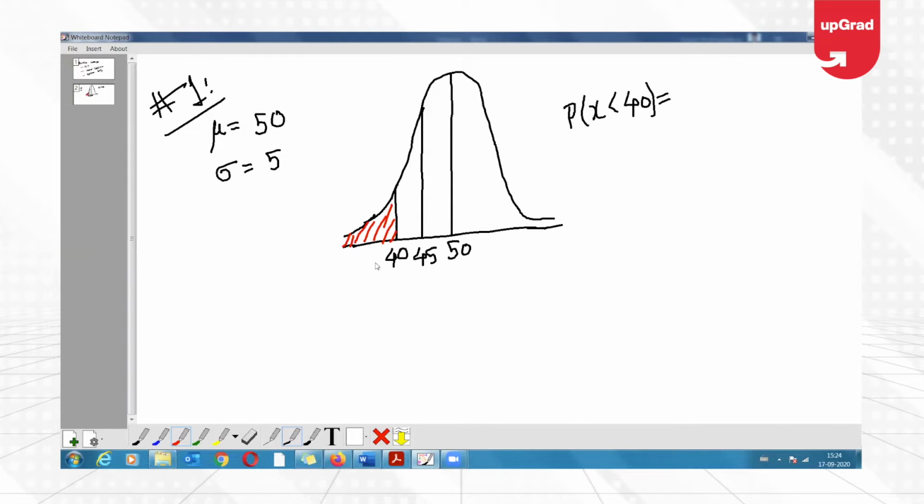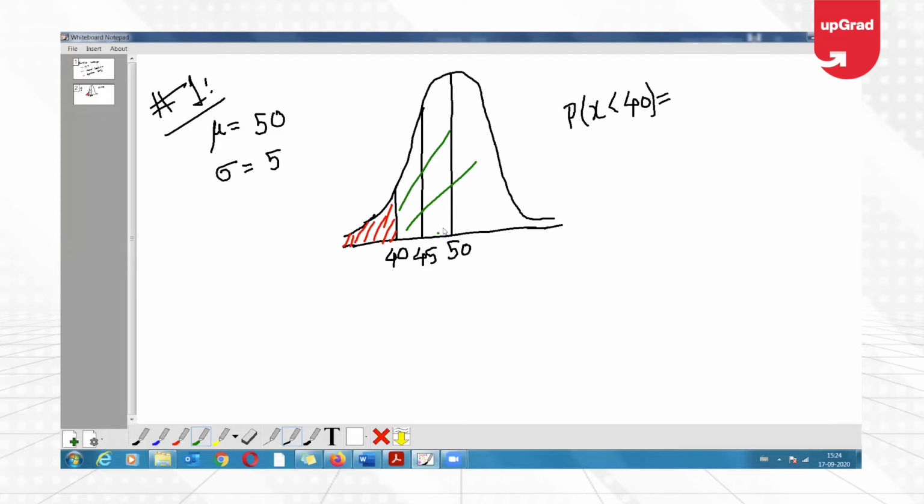Now, before you even apply the formulas and crunch numbers, just look at the graph. If you look at the graph, what you will see is that intuitively the chance of the batsman making less than 40 is very low, right?